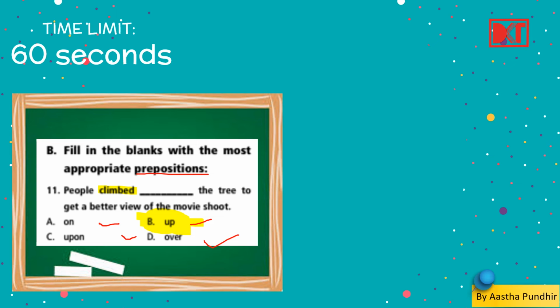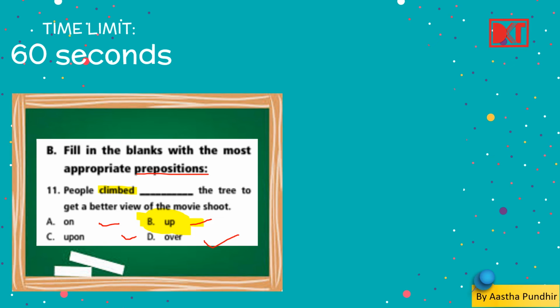Climb up is like a phrasal verb which is used when we have to talk about something that is tall and the person is climbing on it. So that's when we use climb up, from going downwards to upstairs sort of thing. Now if you see the other options, on is used when we have to specify a designated date or week, name, street, roads, etc. Then we have upon, which is a formal version of on.